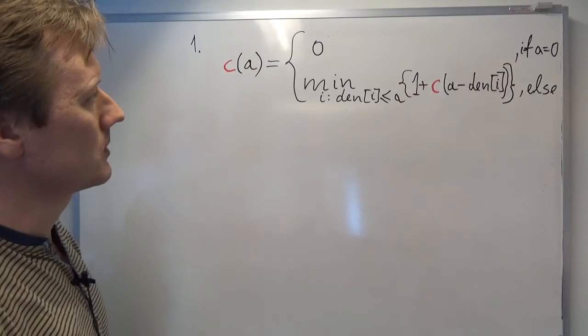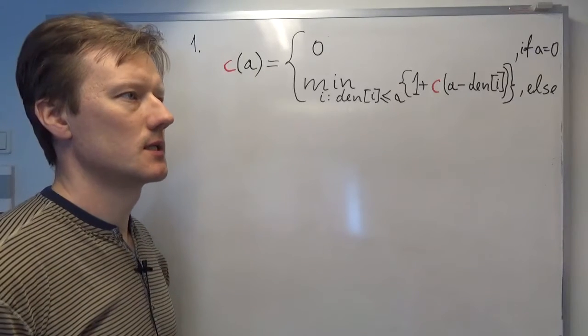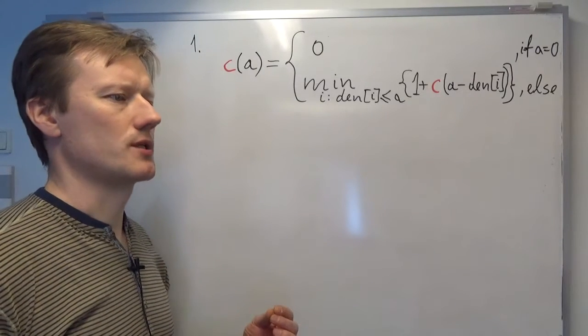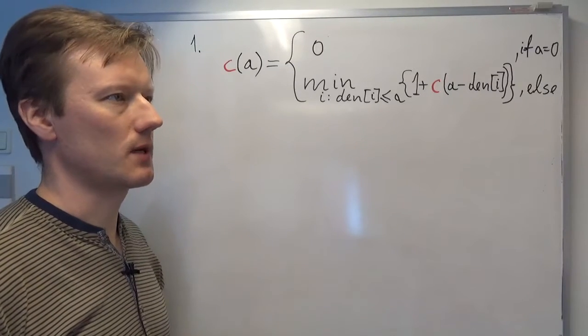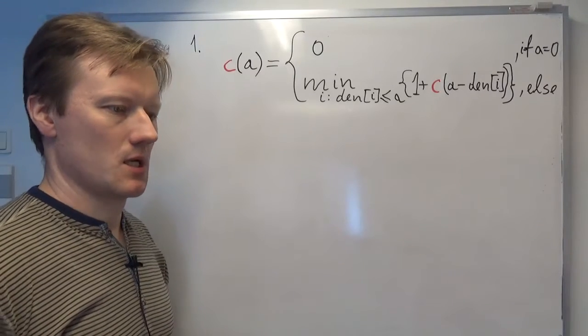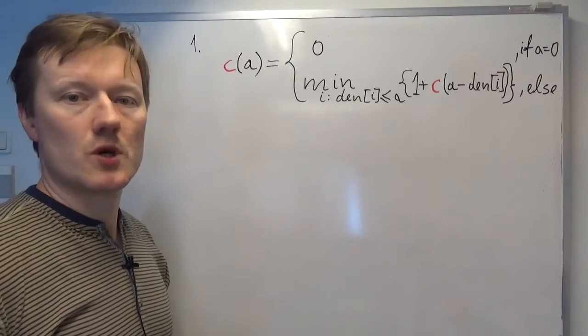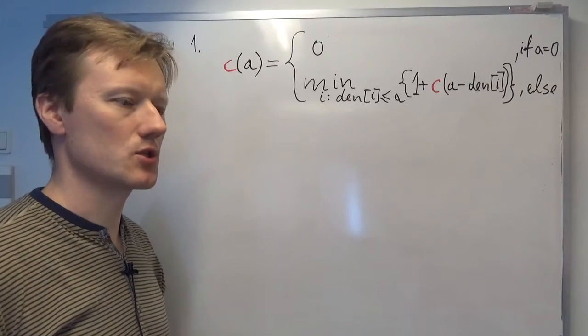To do that, we have to think, what is the immediate choice I can make when trying to change a given amount? Well, the choice is to choose one of the available denominations of coins that I have.